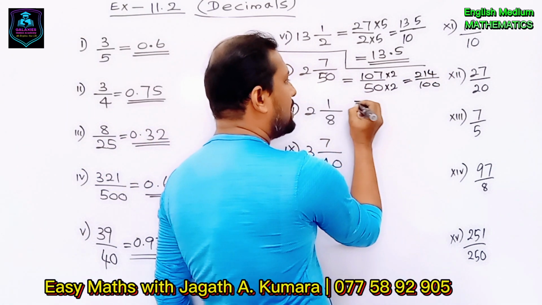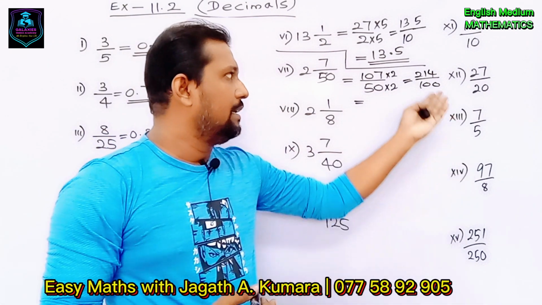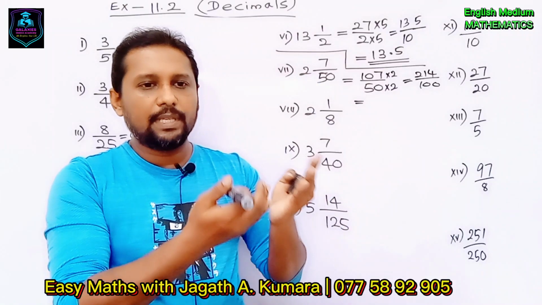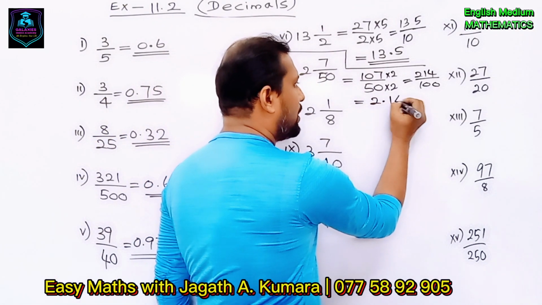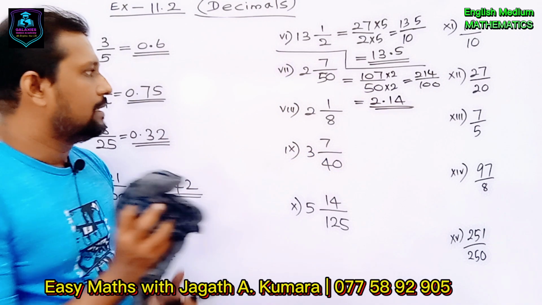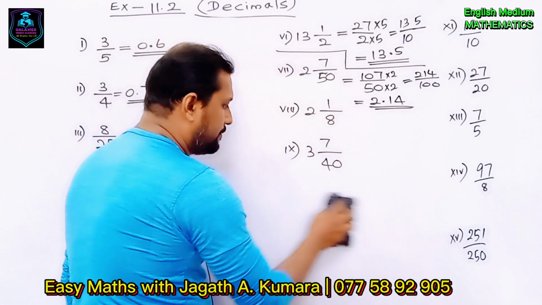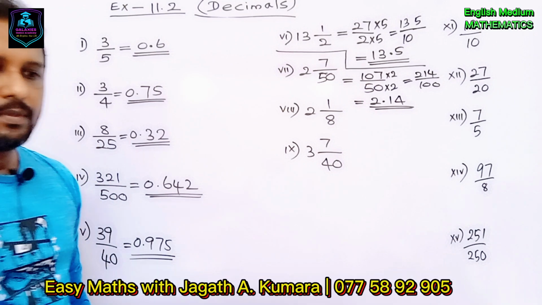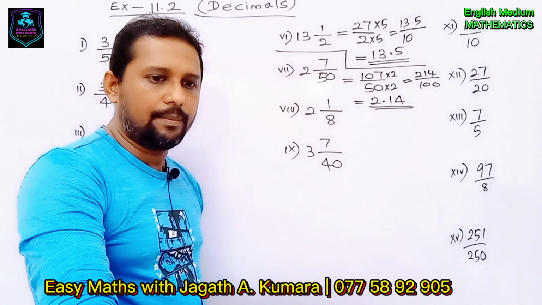So what is the answer? 2 decimal places you have to keep. So that means before the last 2 digits of the numerator you have to keep the decimal point. So the answer is 2.14. It is the answer for the 7th one. Then we can go on to discuss the remaining parts.